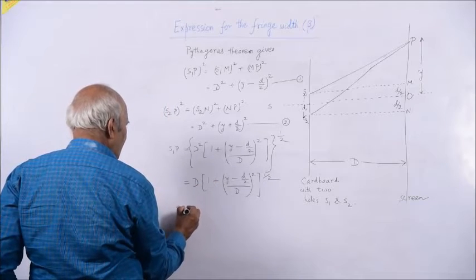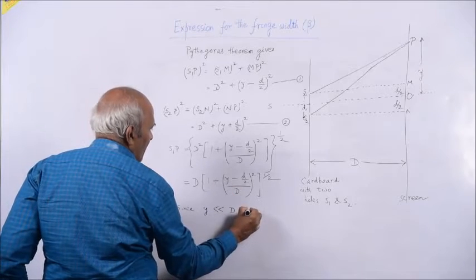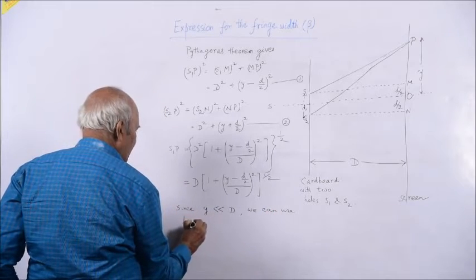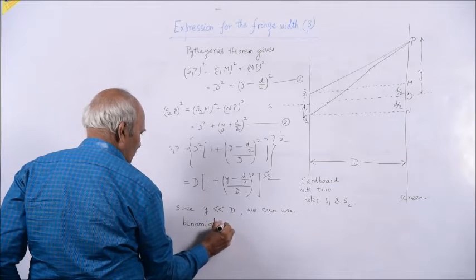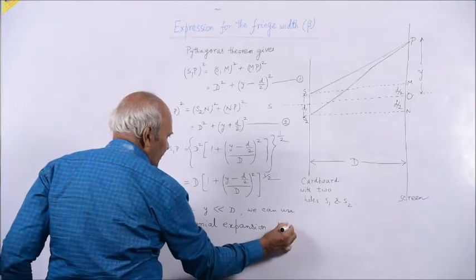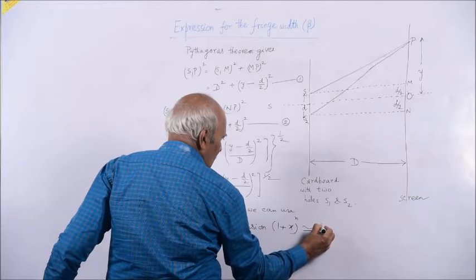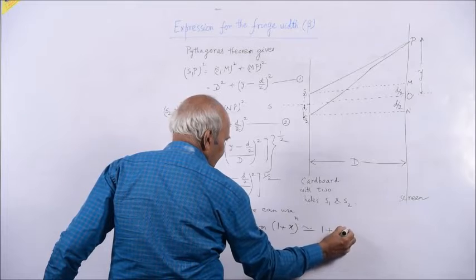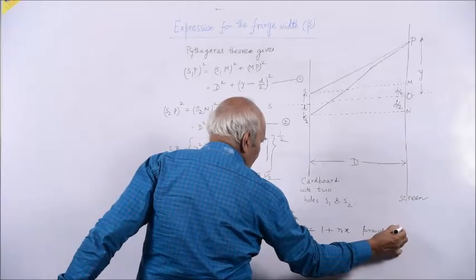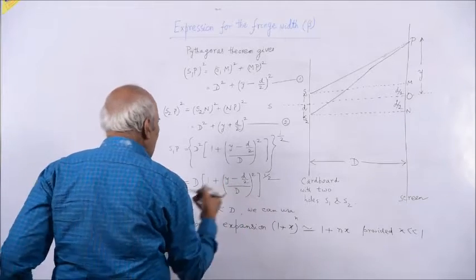So, since y is much less than D, we can use binomial expansion: (1 plus x) to the power n is nearly equal to 1 plus nx, provided x is much less than 1.